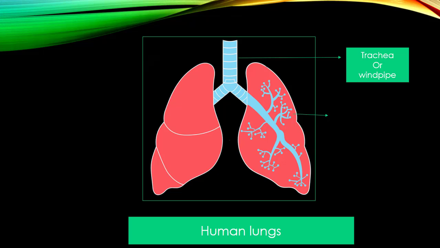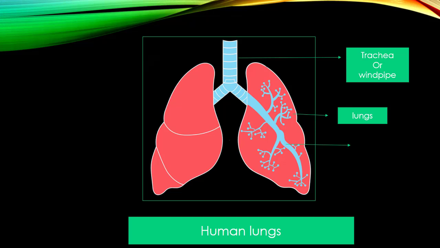The next part is, you are very familiar with this pink color part. These are lungs. L-U-N-G-S, lungs. We have two lungs. Next part is this tube-like structure which is present inside the lungs, and this is called bronchial tubes.